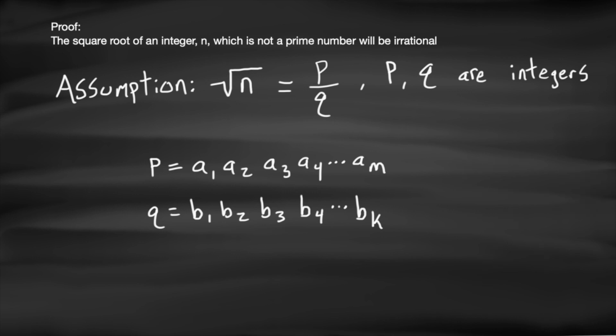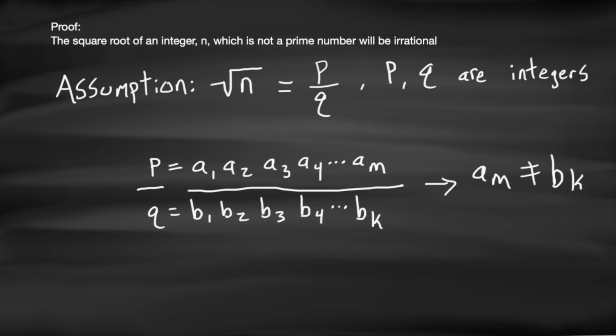If P over Q is in reduced form, then there is no A that equals any B, as in A1 does not equal B1, nor does A1 equal B2, etc. The M and the K being indexes that stand for each element in their respective sets.